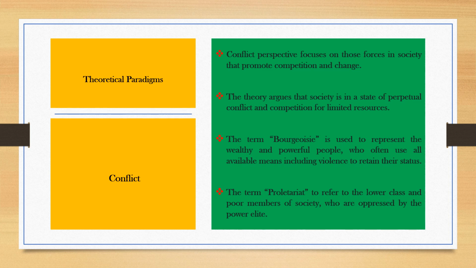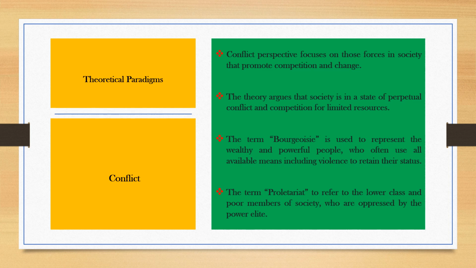And then, on the other hand, we have the proletariat, which represents the lower class, the poor, and of course, the masses in society. This paradigm invites us to understand society in terms of the interaction between these two broad groups.